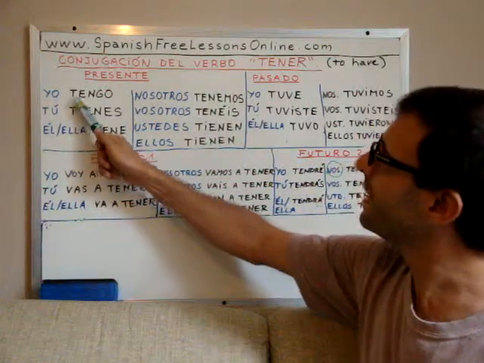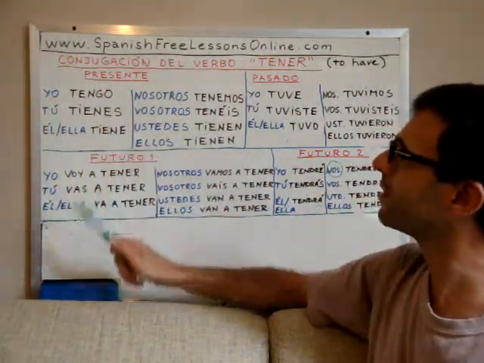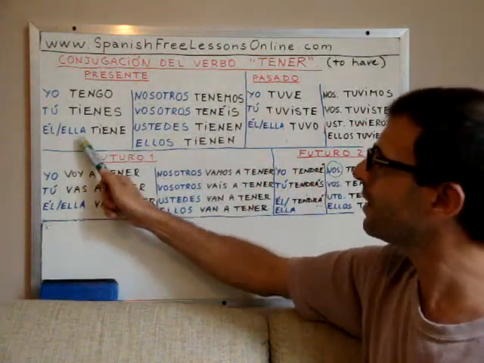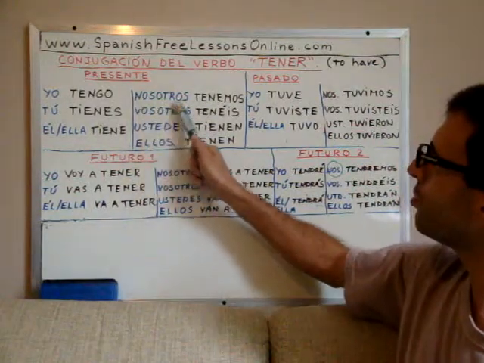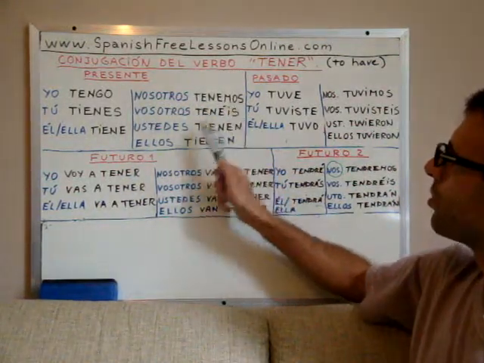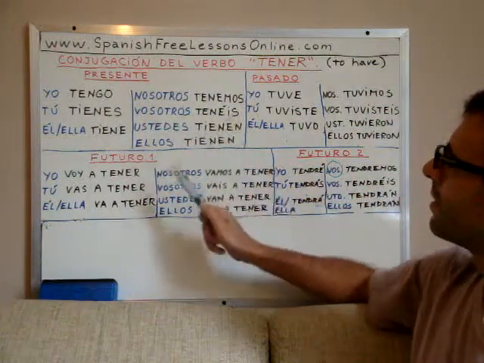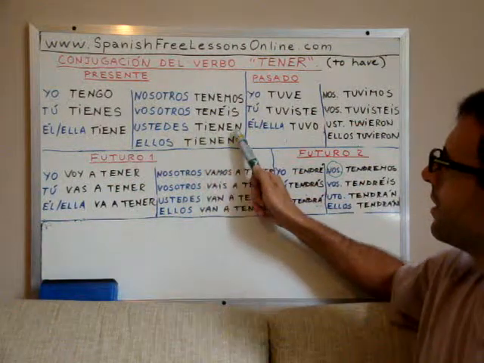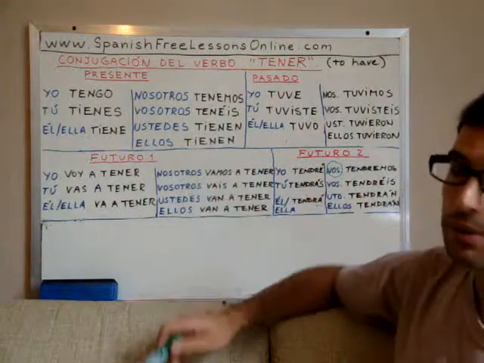Yo tengo, tú tienes, él tiene, or ella tiene. Nosotros tenemos, vosotros tenéis, ustedes tienen, ellos tienen, right?